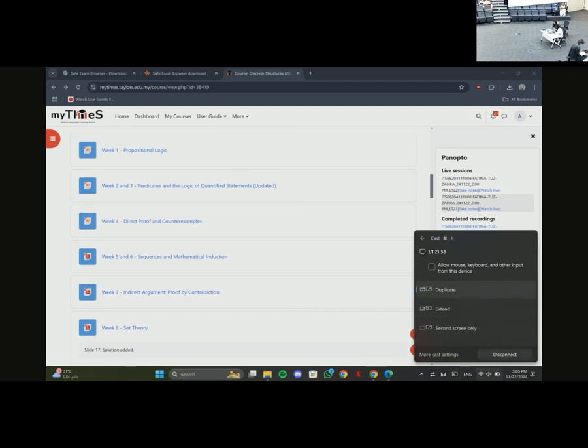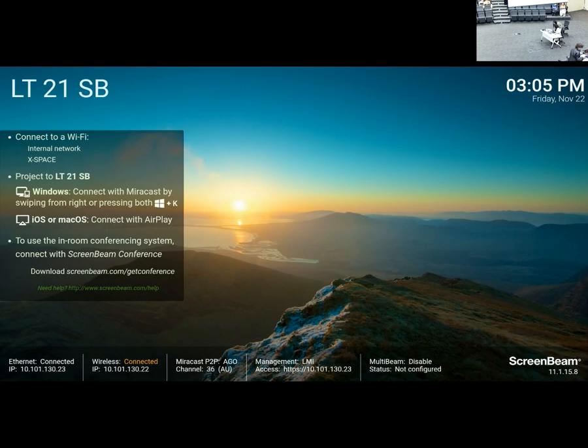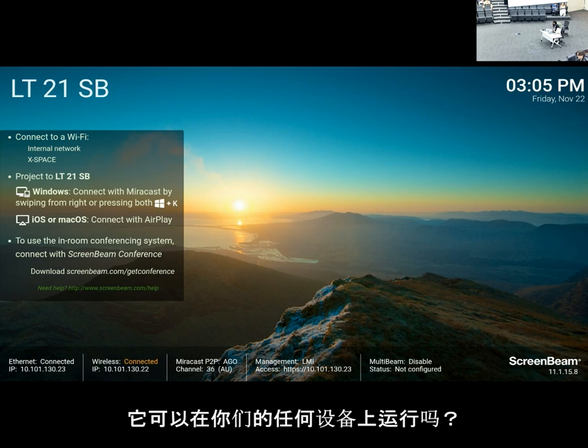How can I check it? Is it working on any of your devices?